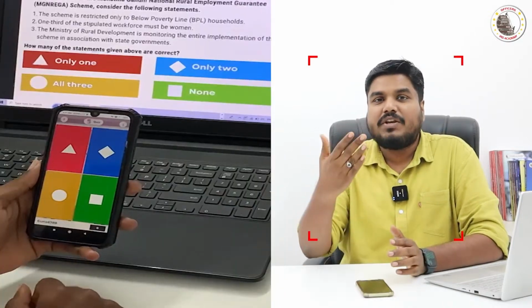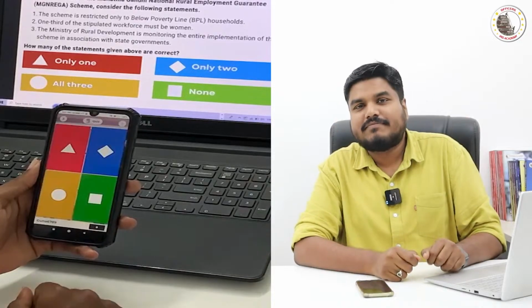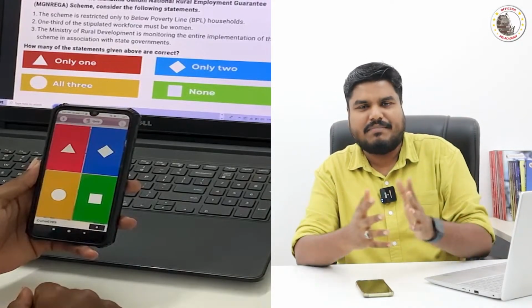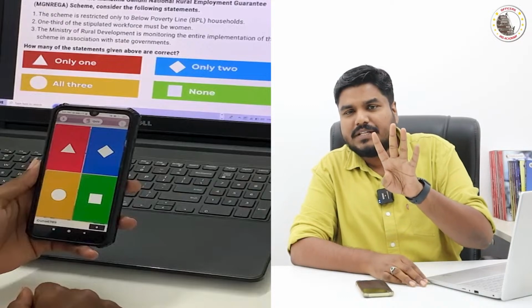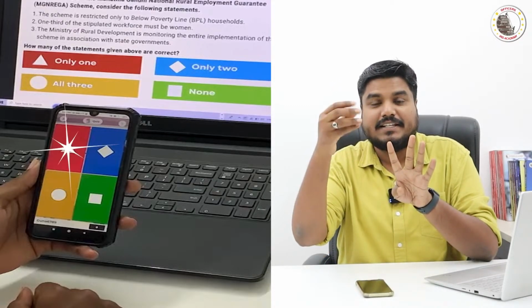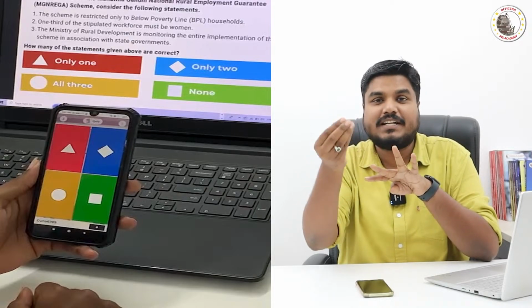In the live video, I will be showing you the question. The question will be followed by 4 options as usual, A, B, C, D. The 4 options will have a color code: option A red, option B blue, option C green, option D yellow.